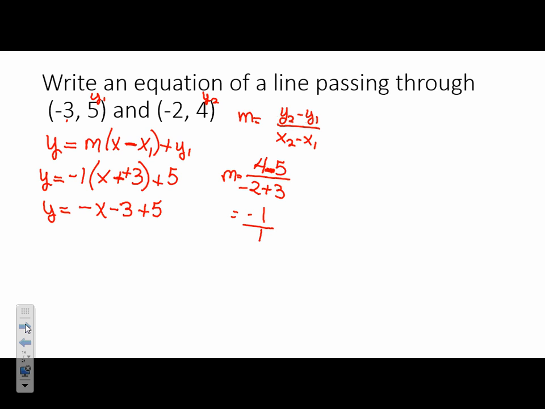And what's -3 and 5? 2. Yep, I did distribute afterwards. So be careful of your signs. They're very important. Right, don't distribute the -1 to the 5. 5's all by itself, not in the parentheses.